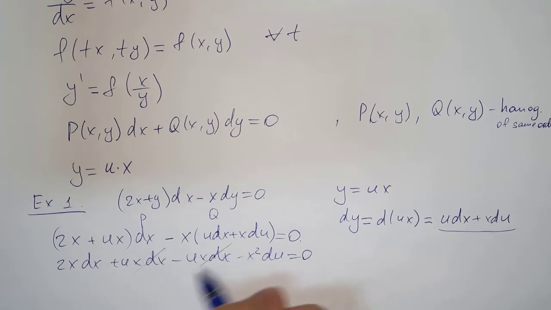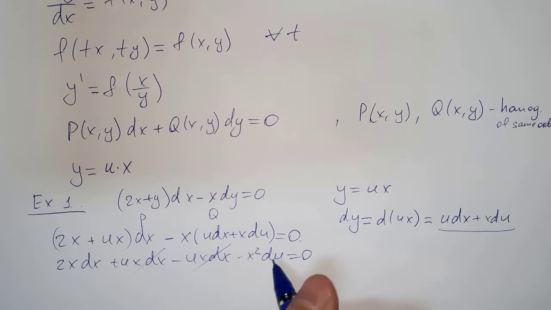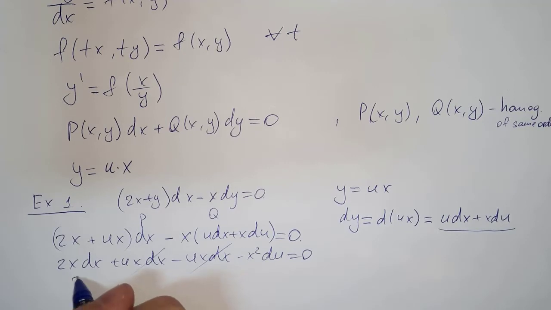We obtain that they are cancelled, and dividing both sides of our equation by x, look here, 2x dx equals x squared du.